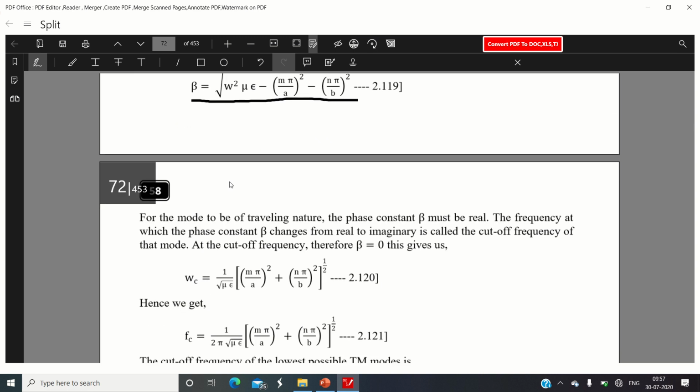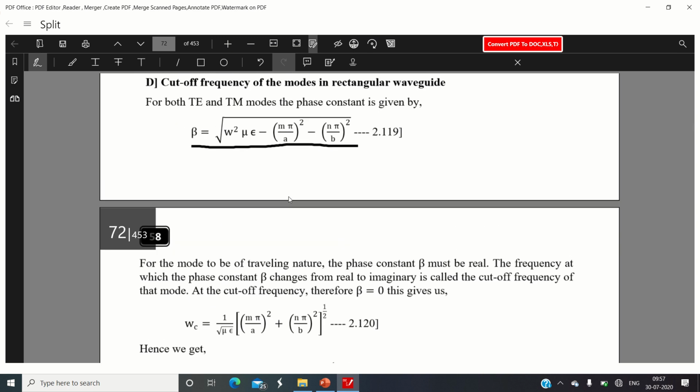Okay. So in order to make sure that the wave propagating through the rectangular waveguide is traveling in nature, the phase constant should be a real value. Okay, so the operating frequency at which the phase constant beta changes from real to imaginary, we call that frequency the cutoff frequency.